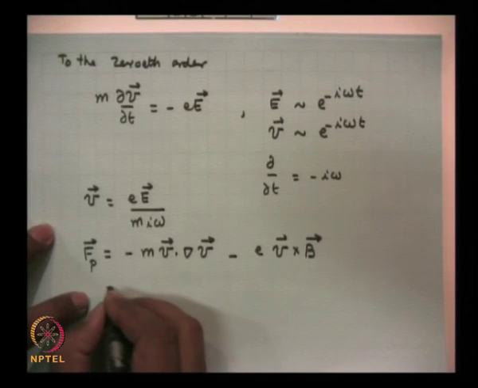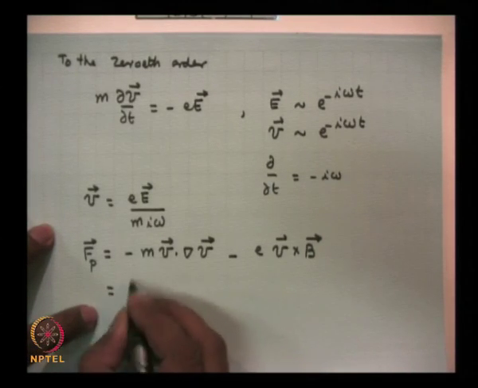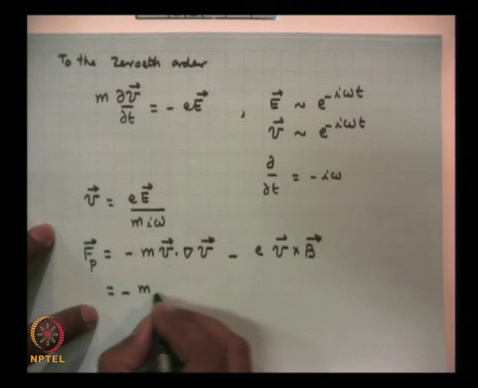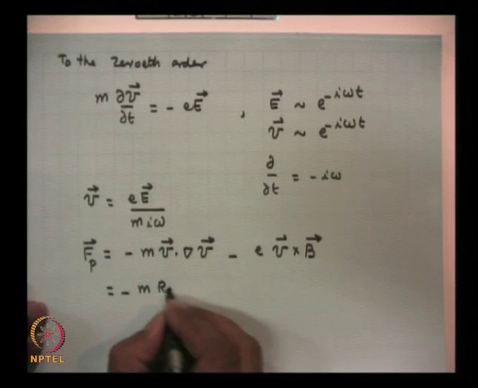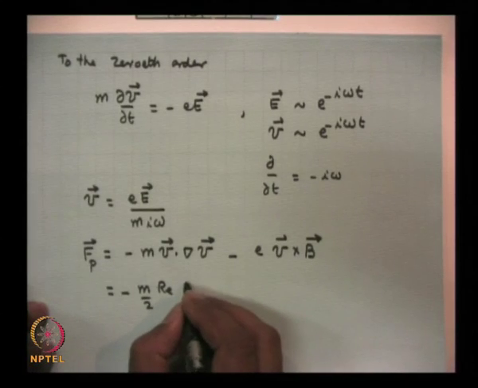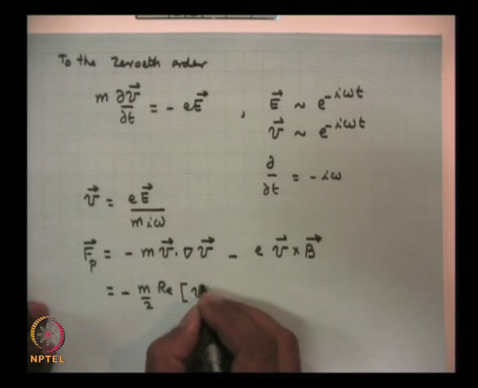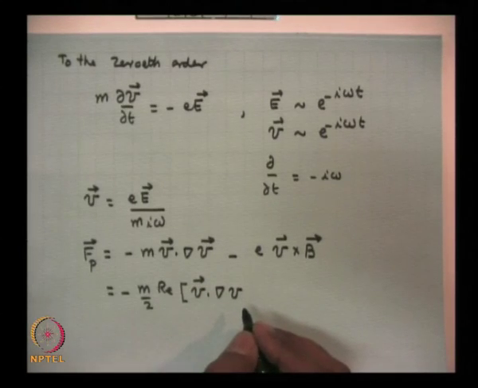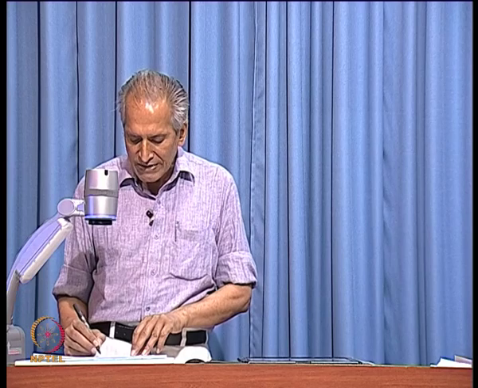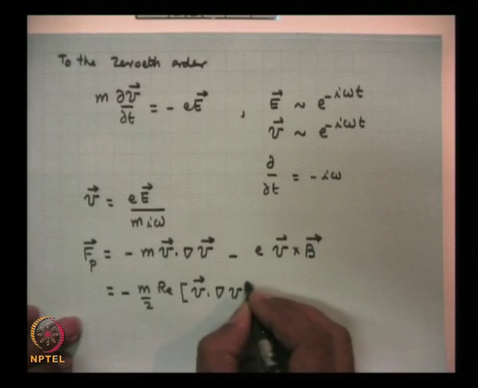What should I do? I can write this as minus m, real part of, so real part is implied, I will not write explicitly the symbol Re, but it is implied, or let me write this half there, and v dot del v. I am not interested in time dependent part of Ponderomotive force for the moment, I want time independent part of Ponderomotive force. So, I will take only complex conjugate term.